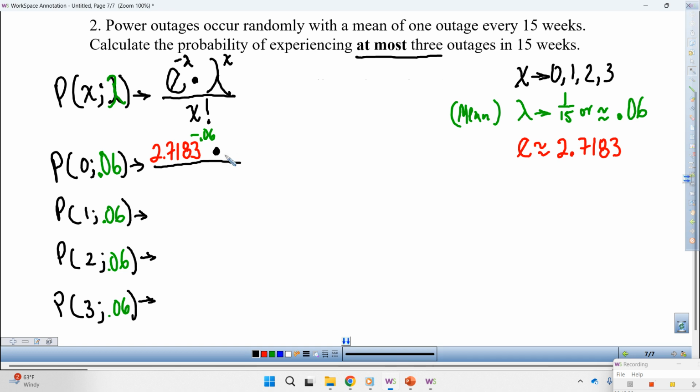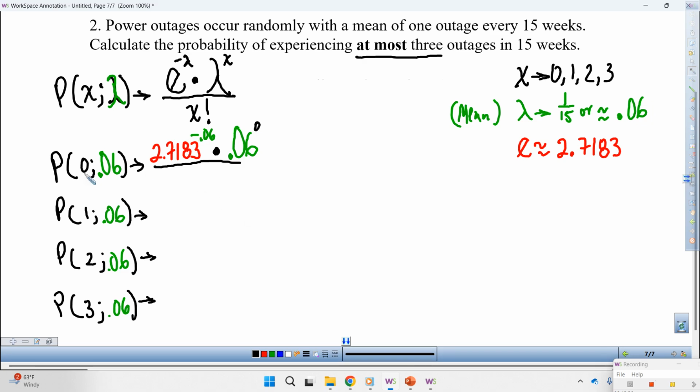Now, once again, I'm going over this one just because I sense that some of y'all didn't do the practice. Lambda, again, is 0.06 to the x exponent. What is x? And this one we are at 0 exponent.